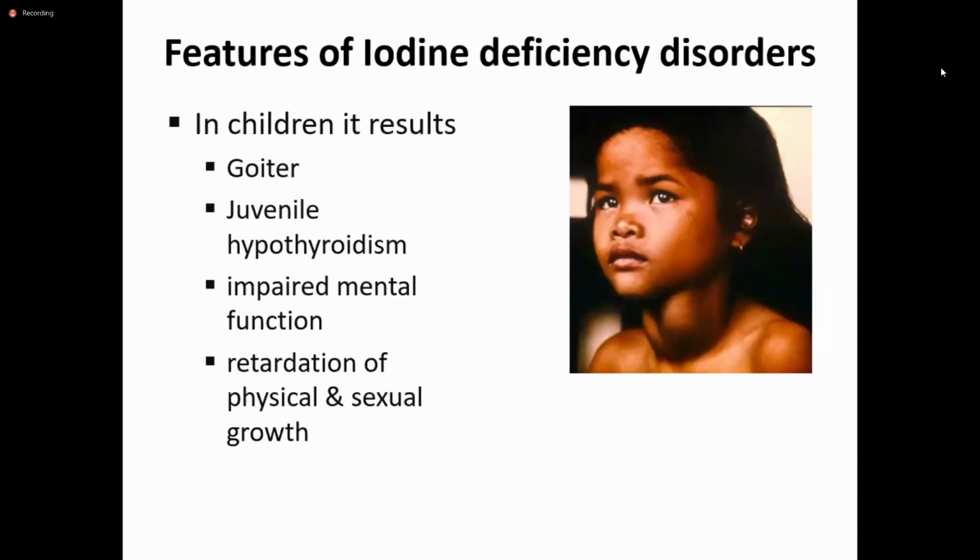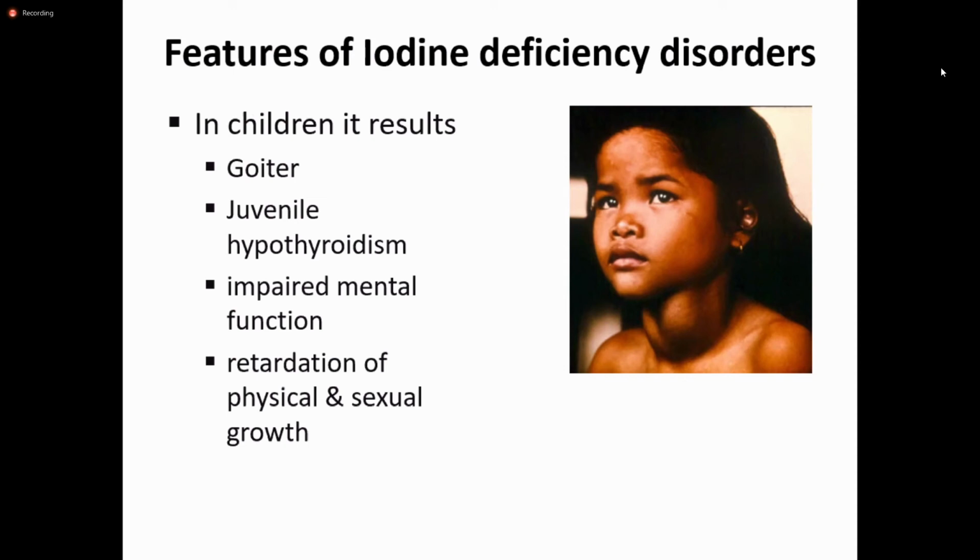If iodine deficiency occurs beyond infancy, where brain maturation and growth have almost occurred, it will lead to goiter. You can see in this photograph, in the neck region, there is a large swelling. It will cause impaired mental function, physical and sexual retardation, and growth retardation.